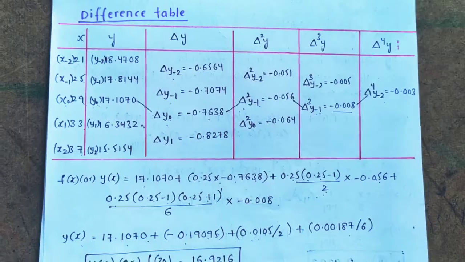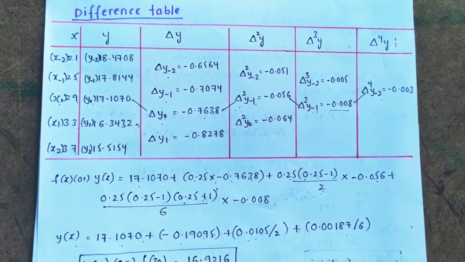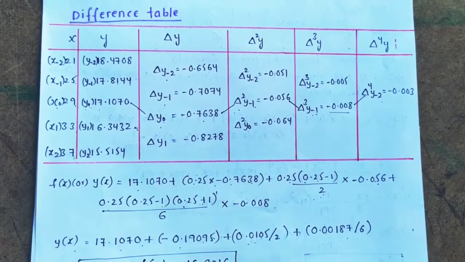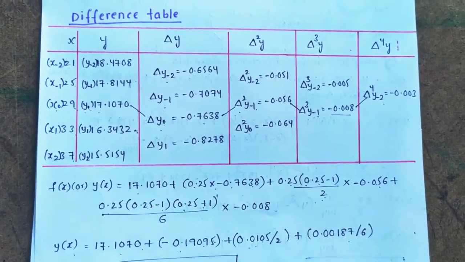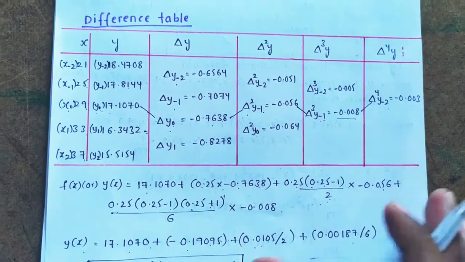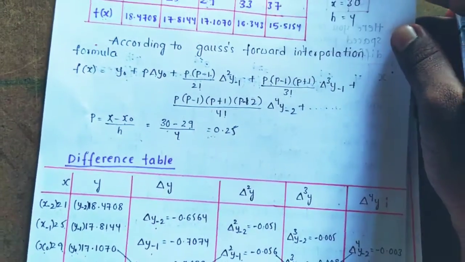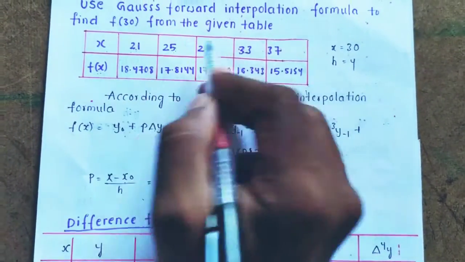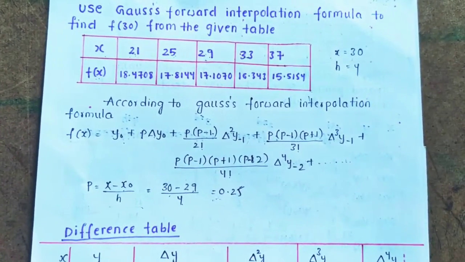And finally we find the value of the unknown function f of 30, that value is 16.9216. Here this is the formula for finding the unknown function using Gauss forward interpolation formula. Thank you friends.